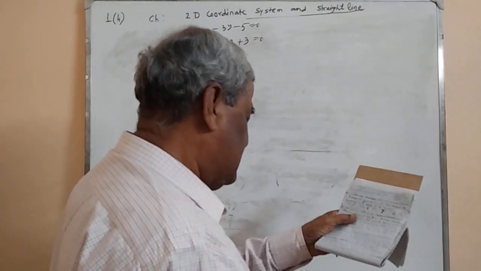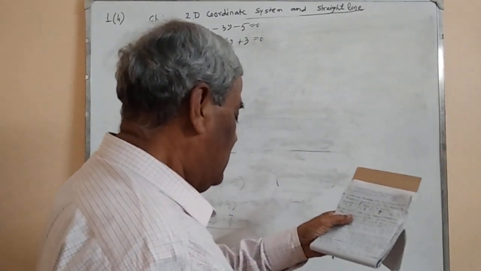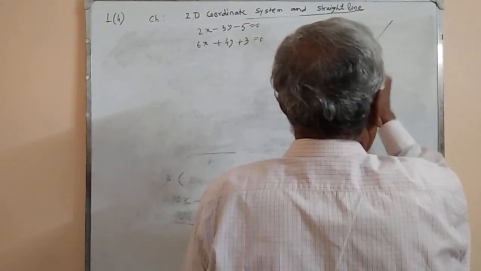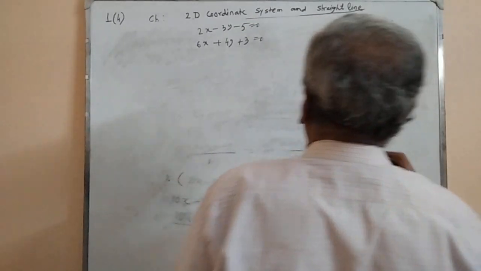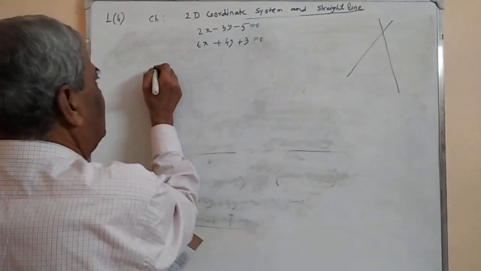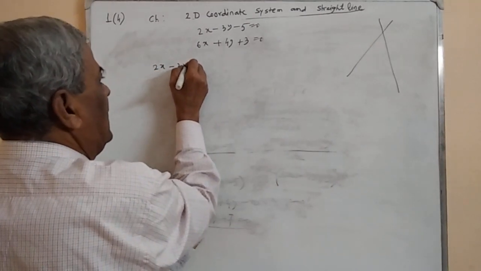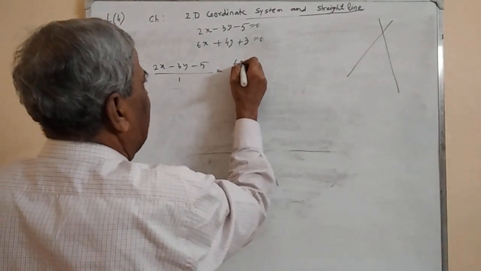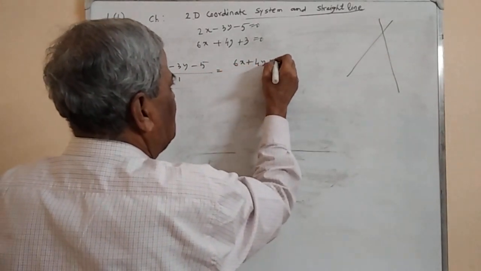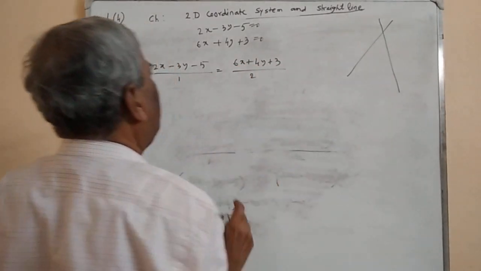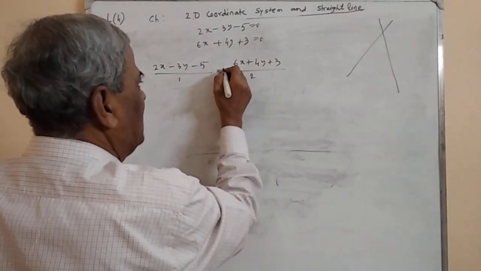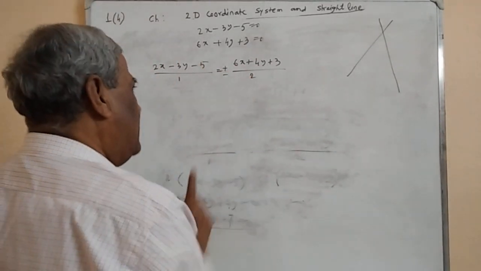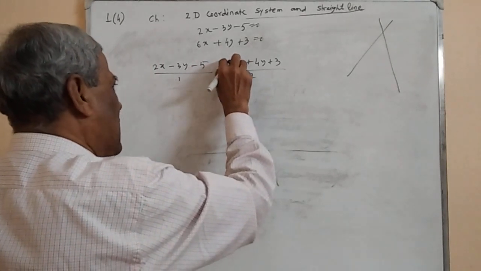Find the angular bisector of the acute angle. So the equation of the bisectors are 2x minus 3y minus 5, as we just calculated, is equal to plus or minus (6x plus 4y plus 3) by 2. So plus minus is there, now we take any one of plus and minus.